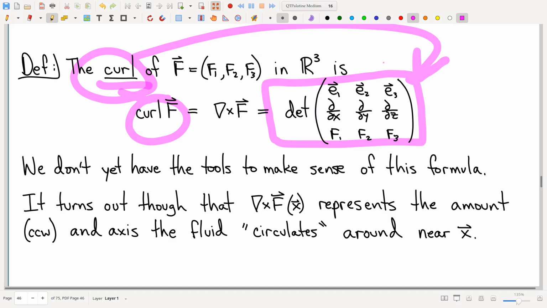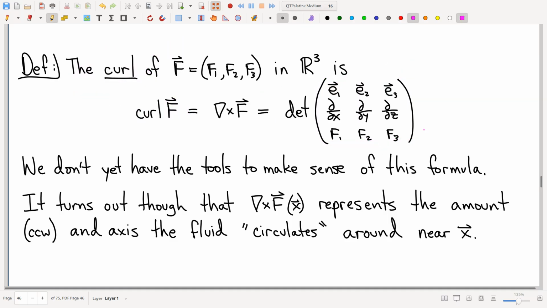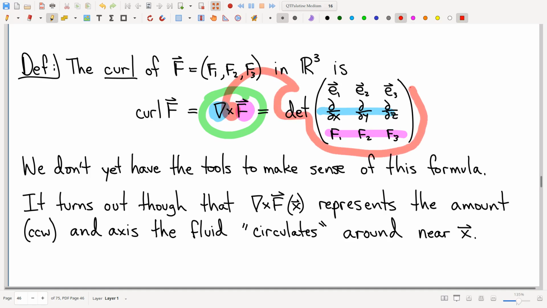Okay. Easier to confirm here, but it's literally a cross product: del operator, vector field, and our formula for cross product is like so, with the standard basis vectors on the top.